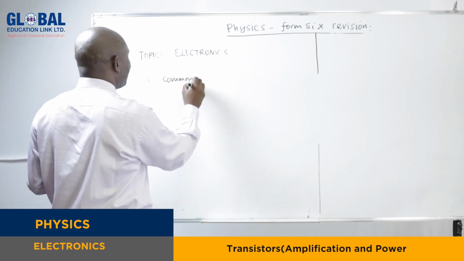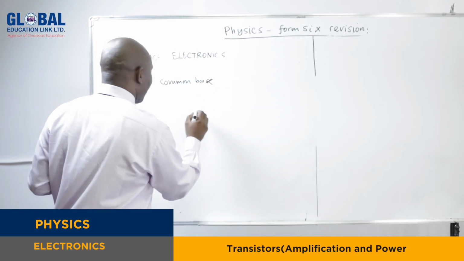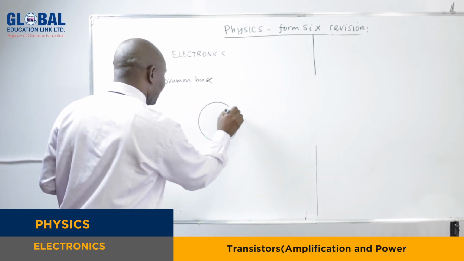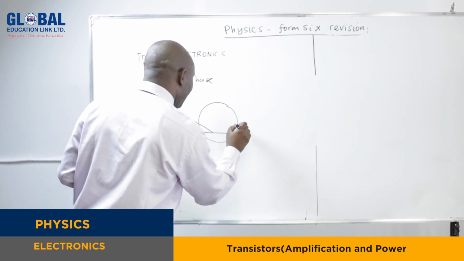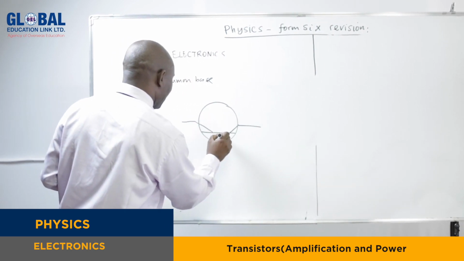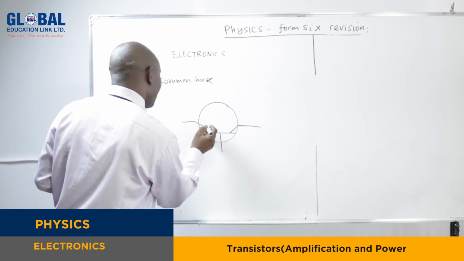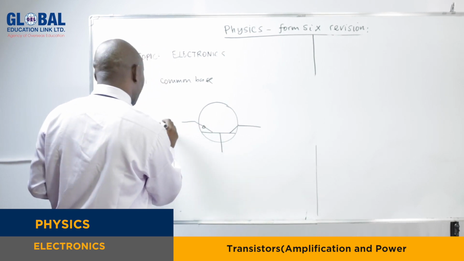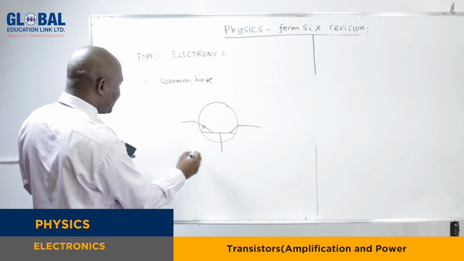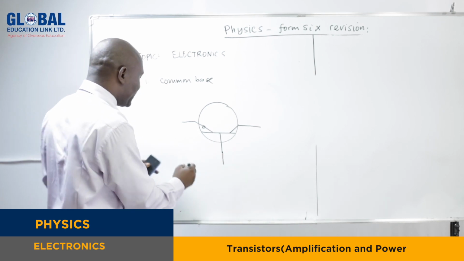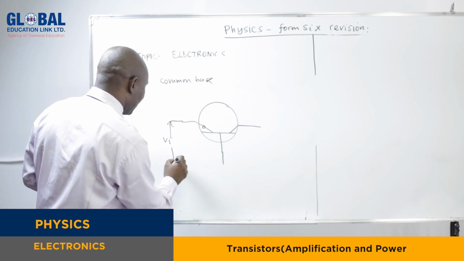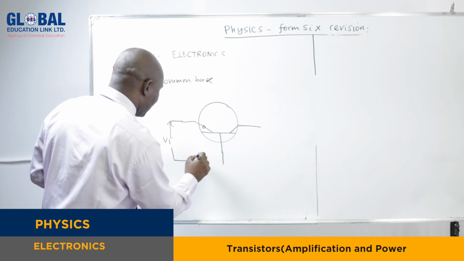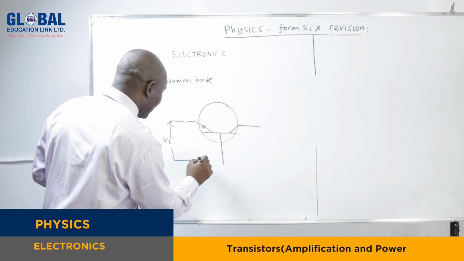Starting with the common base, let's draw here. Let's use the PNP. This is the circuit where the input is applied here, and some voltage is applied here.